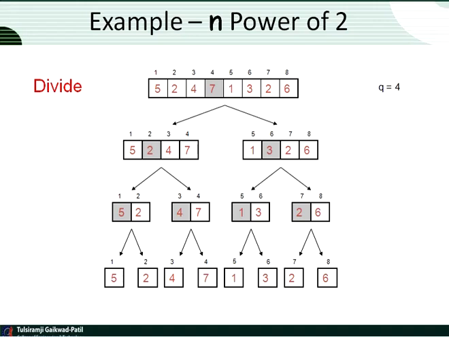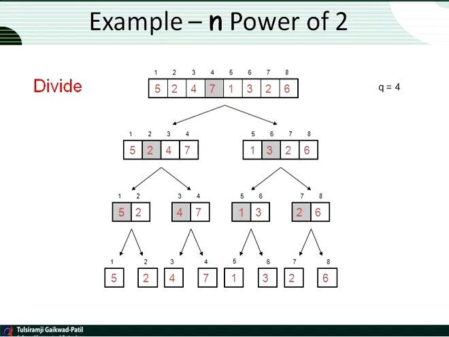In terms of powers of 2, I divide the complete list into two parts. Say the list has 8 elements; I divide it into two parts of 4 each: on the left side 5 2 4 7, and on the right side 1 3 2 6.